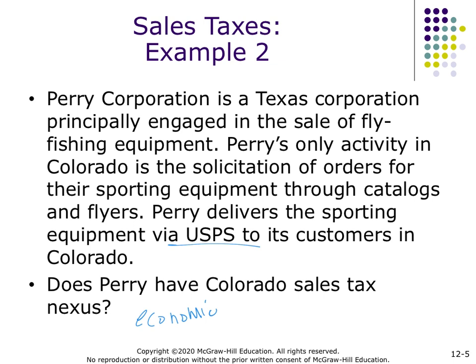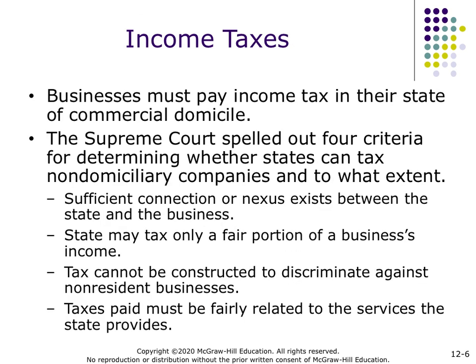So if they were to have 200 sales transactions with Colorado customers throughout the year, then they would be determined to have nexus in Colorado. So you see the definition of nexus itself as a concept has not changed, but what constitutes nexus is evolving for sure.